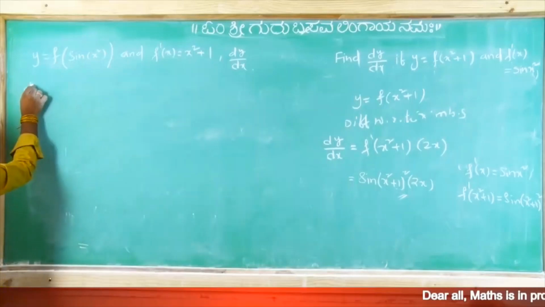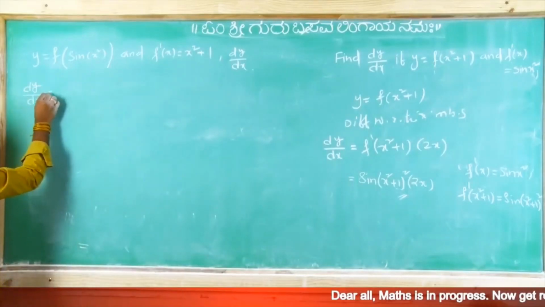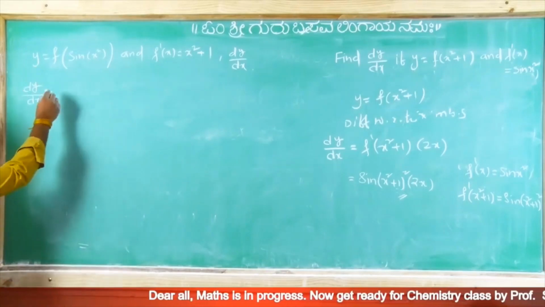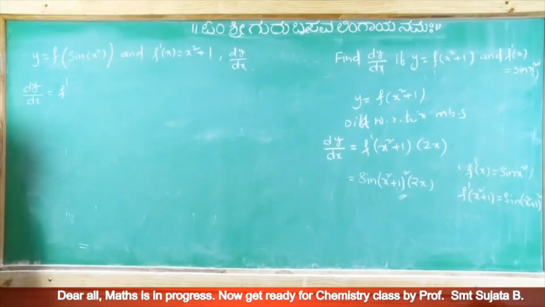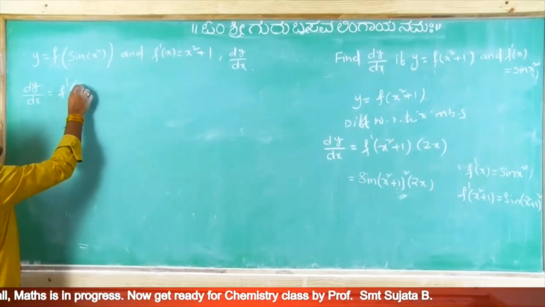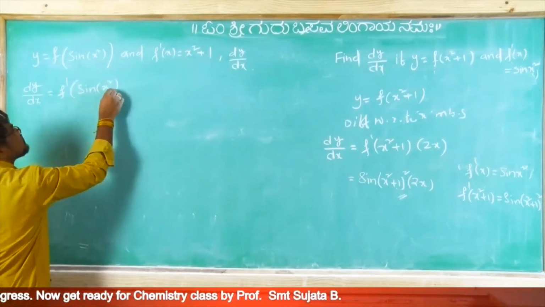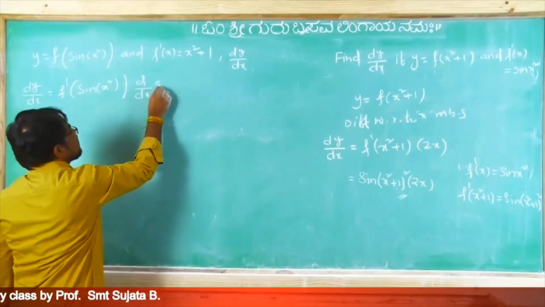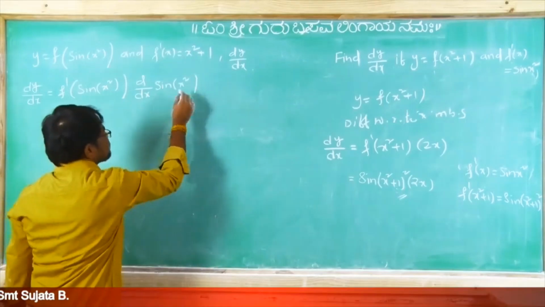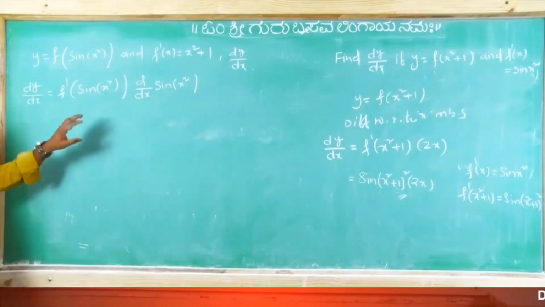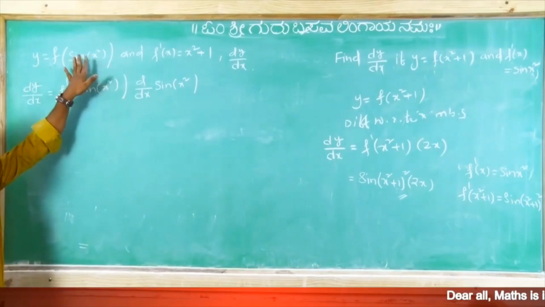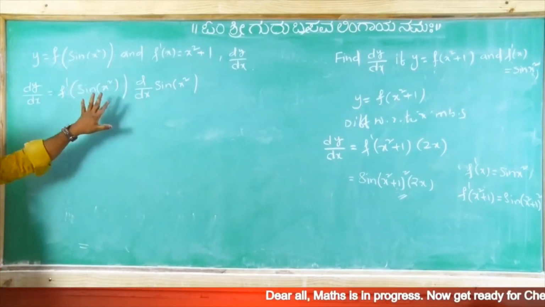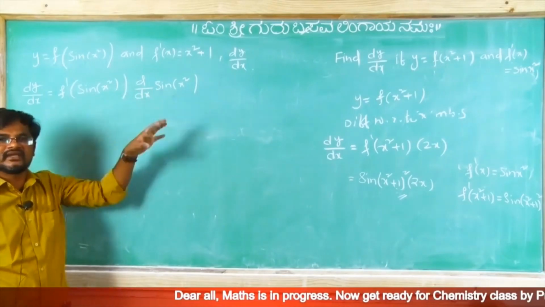Now differentiating with respect to x on both the sides, dy by dx equal to f dash of sin of x square. Again we have to do the differentiation for sin of x square. Listen all of you once again. Differentiation of f of x is f dash of x. Again we are doing the differentiation for sin of x square.